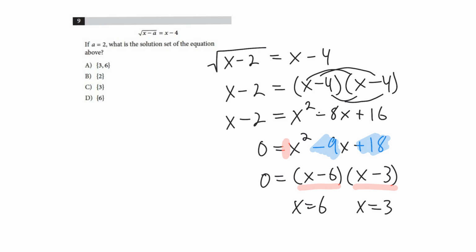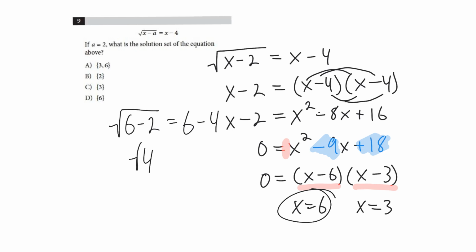And here is where you need to be careful, because when you're solving these types of equations, you need to check for extraneous solutions. So if we put x equals 6 into our equation, we will get the square root of 6 minus 2 equals 6 minus 4. Well, that would be the square root of 4 equals 2.